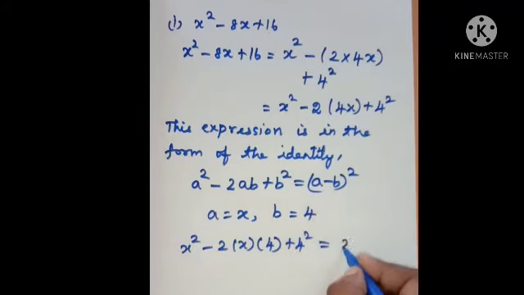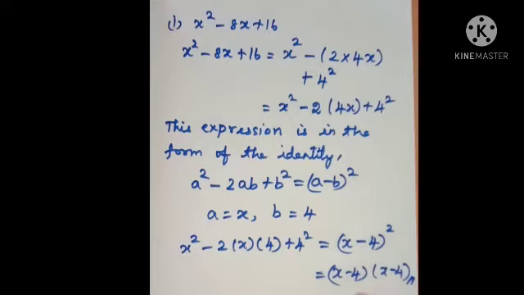What is a? It is x, minus b is 4, the whole square. So this can be written as x minus 4 into x minus 4, which is the factors of the given expression x squared minus 8x plus 16.